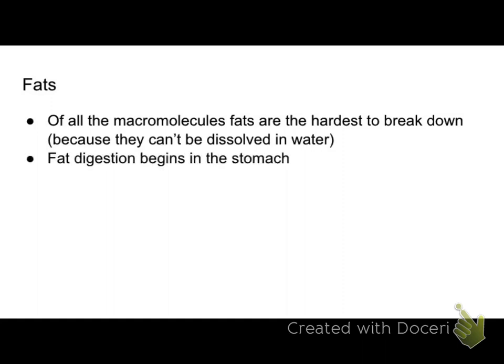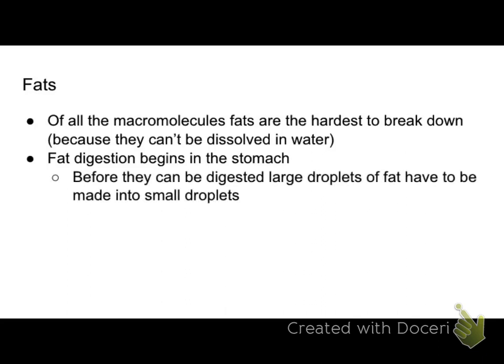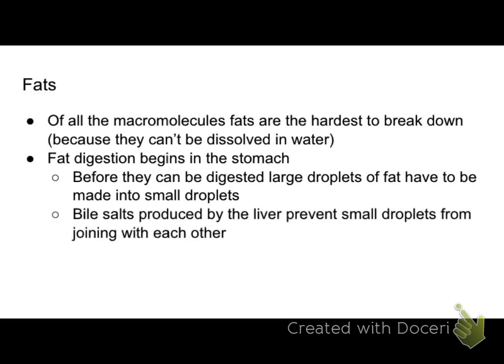Fat digestion begins in your stomach. There, large droplets of fat have to be made into small droplets so that there's more surface area and they are able to affect all of the fat equally. The bile salts that your liver produces are excreted into your stomach, and they take those big droplets of fat and make them into lots of tiny droplets by keeping them from joining together.